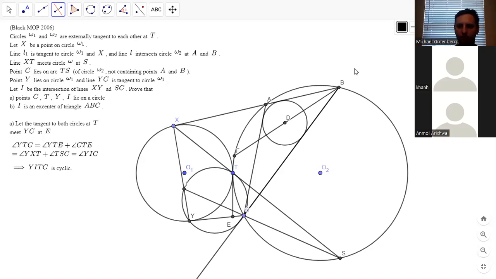So we know that SB squared is ST times SX. SB is basically the length of the tangent to that circle. That makes sense to me.